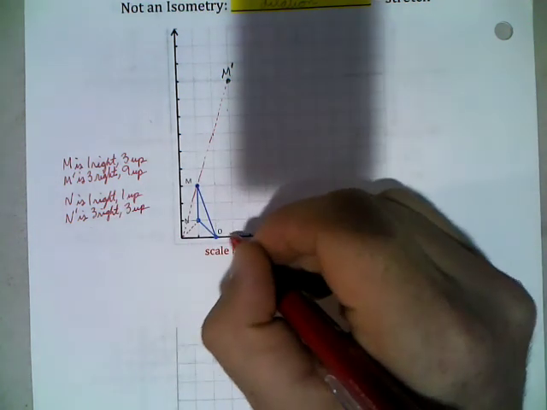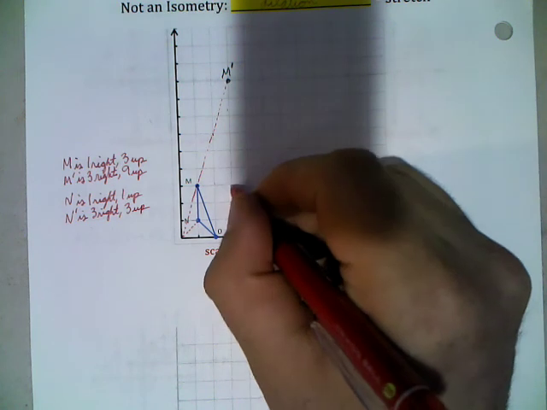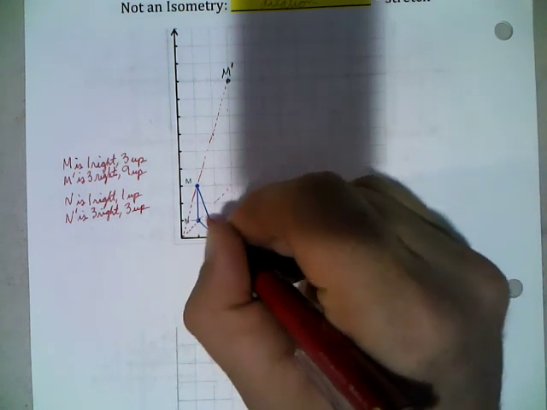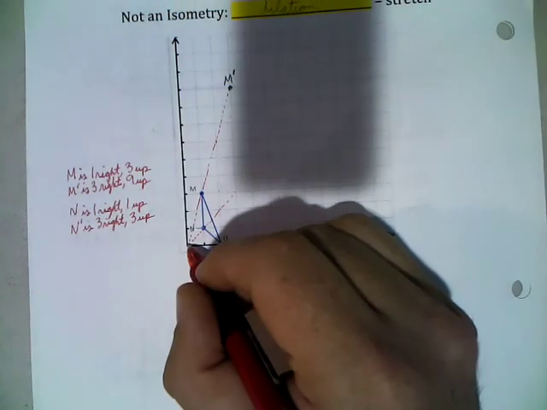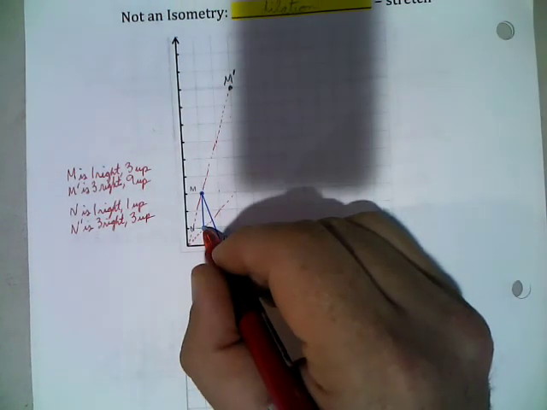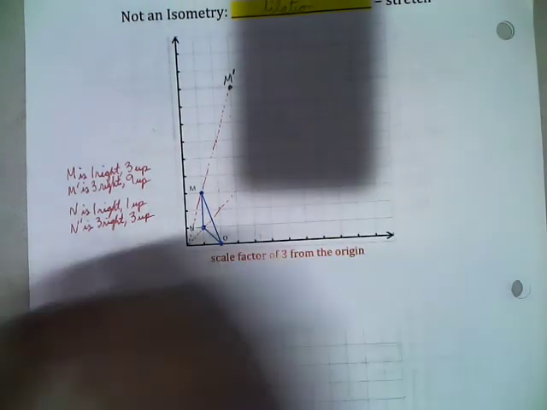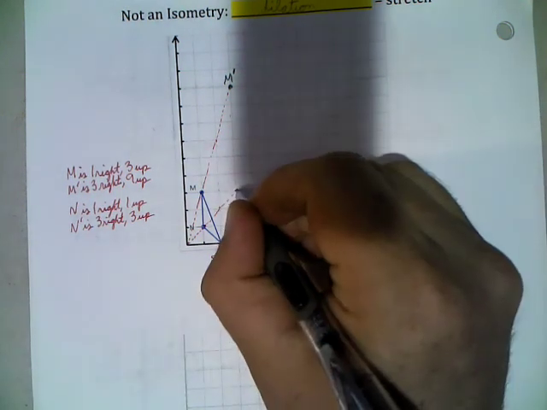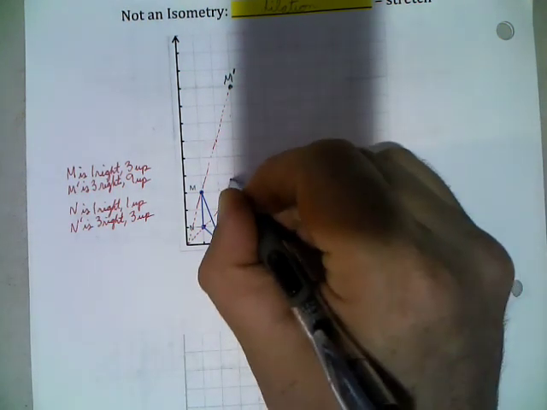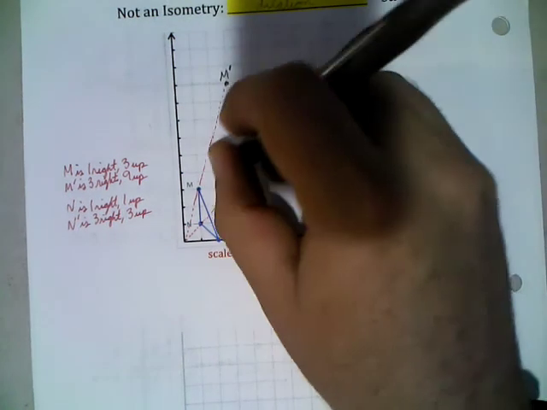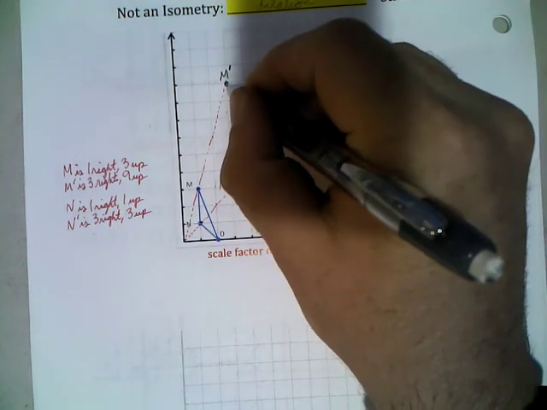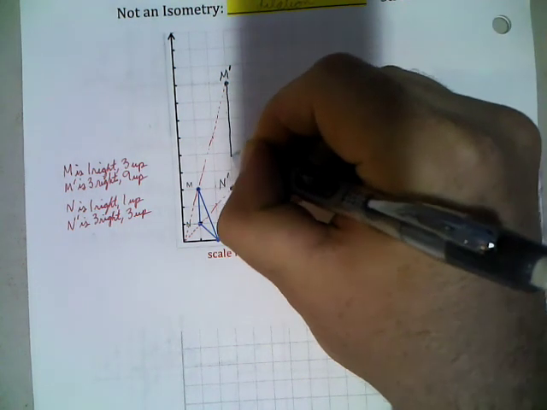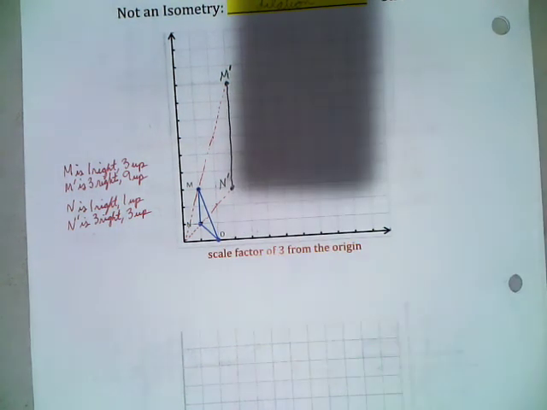So 1, 2, 3 to the right, 1, 2, 3 up. Or you can think about doing this 3 times: 1 right, 1 up, 1 right, 1 up, 1 right, 1 up. So however you think about it, that is my N prime. We're going to connect these in a second. So there's my first side of this triangle.